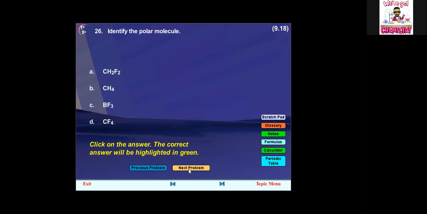Identify the polar molecule. That is, which of these will have a polar structure? Identify the non-polar molecule.